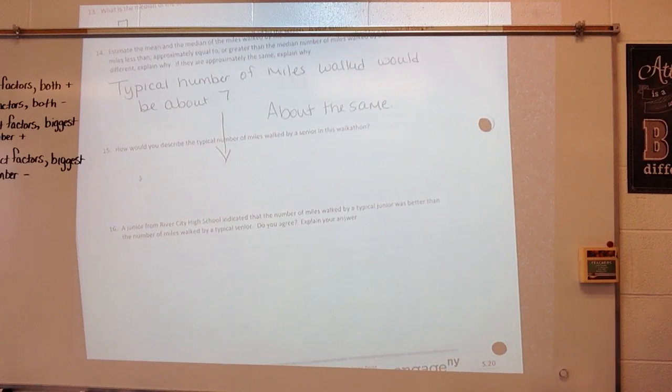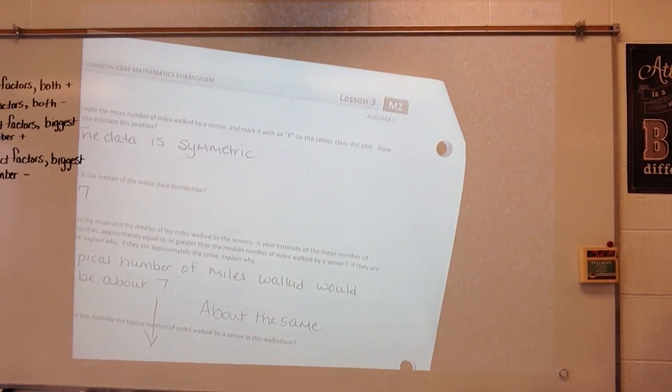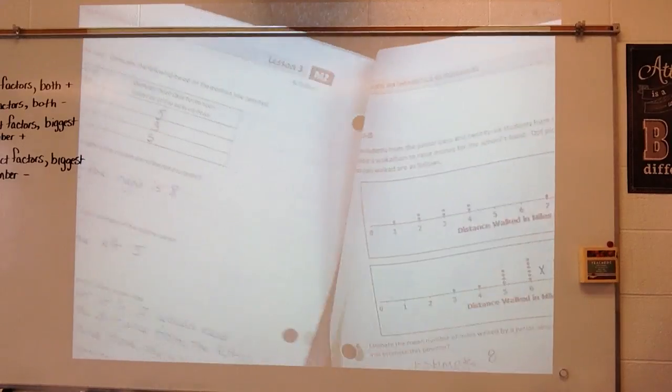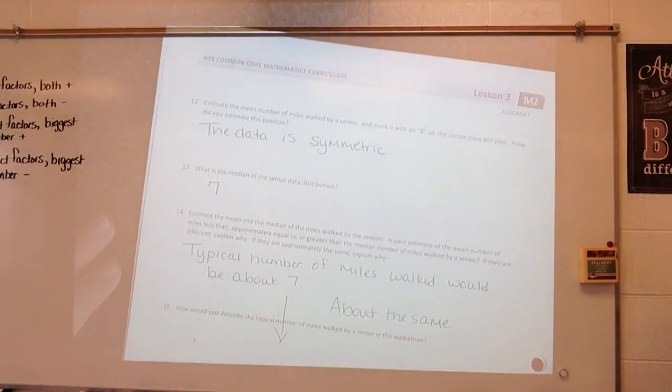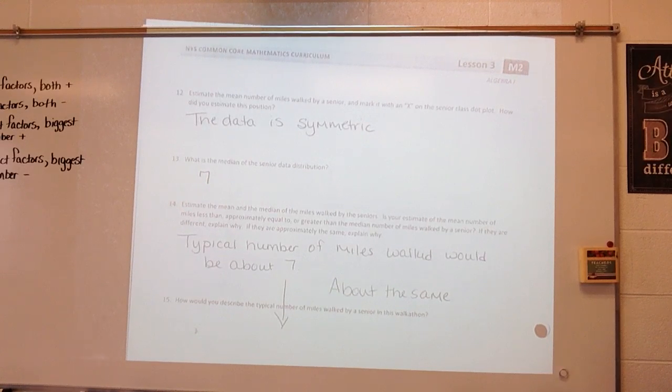A junior from River City High School indicated that the number of miles walked by a typical junior was better than the number of miles walked by a typical senior. Do you agree, and explain? Well, we figured out that the median of senior data is 7. The median of the junior data was 8.5. So yes, the median is a better indicator of typical value for the junior class.